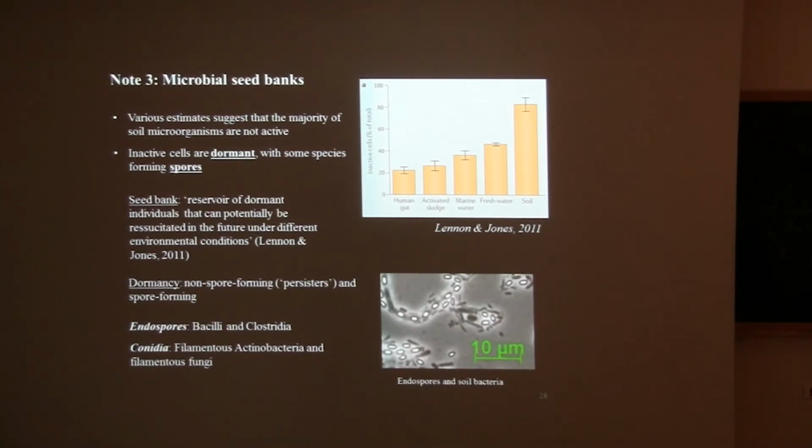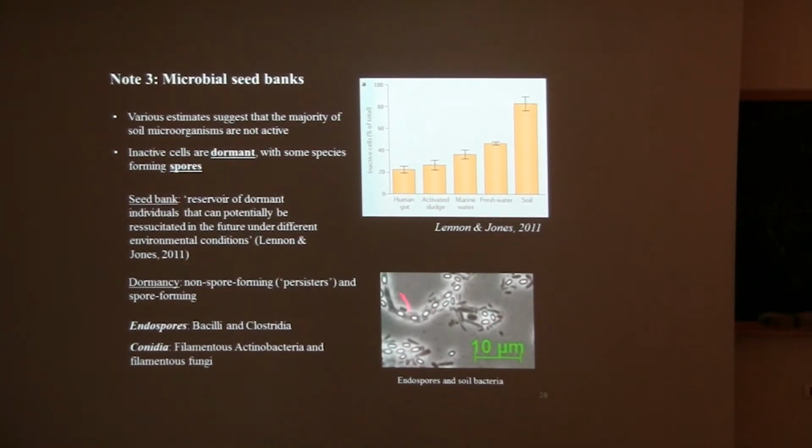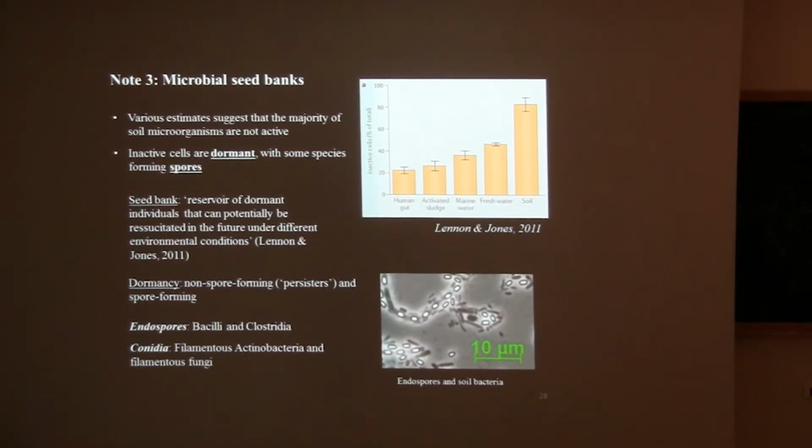So what you have at a certain time point is not necessarily what you can get the next day if you change the conditions. They do this because they enter what is called dormancy, and that can include the formation of spores. This is a micrograph showing such spores. Those are the white, bright objects there. Typically, Bacilli and Clostridia do spores.